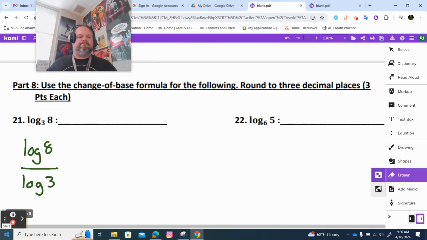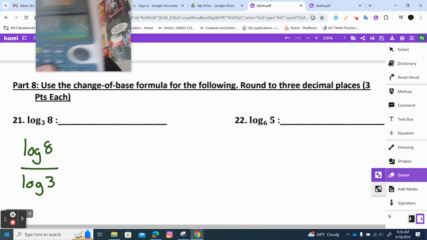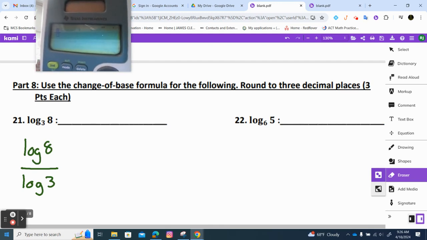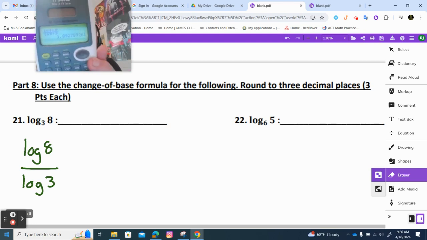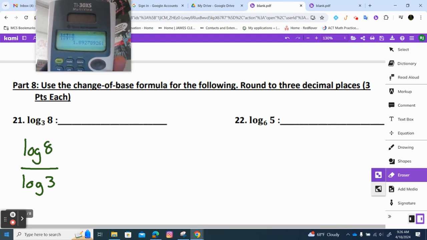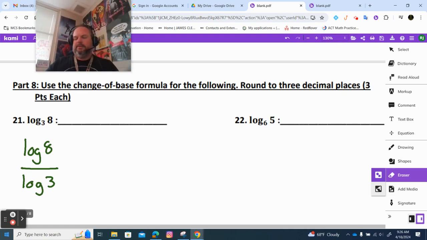So, bloop. How do we do that? What's the first button we hit? That's right. The N over D, the numerator or the denominator button. Then log 8. Scroll down. Log 3. Enter. Bam! Almost hit the screen.